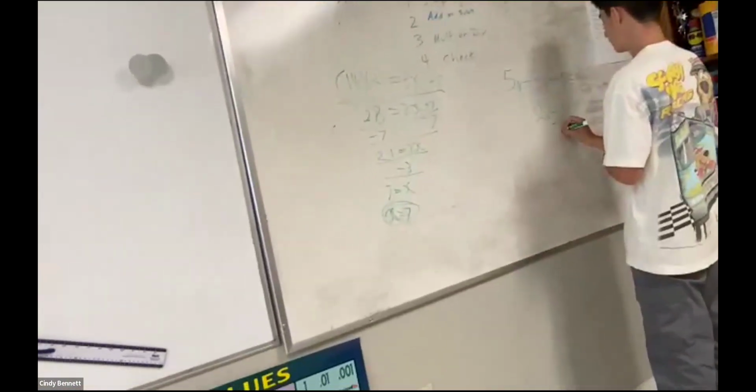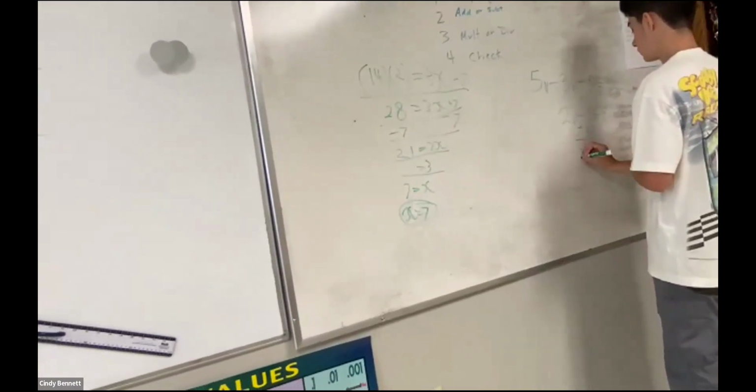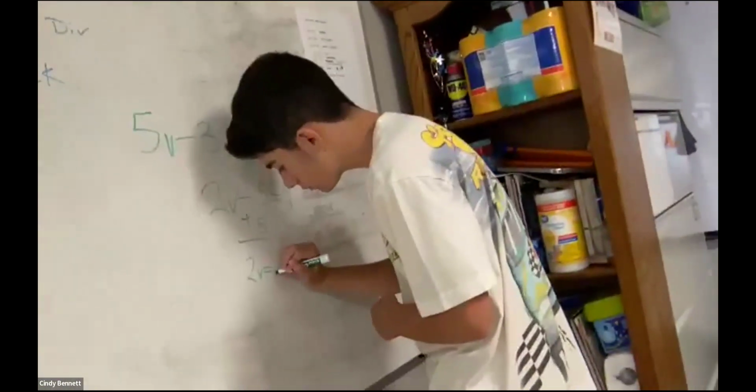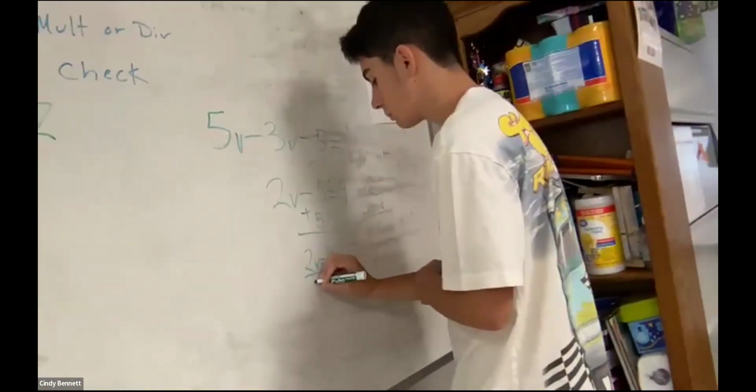5v minus 3v minus 5 equals 9. Okay, then 5v minus 3v is 2v, and add 5 to each side.